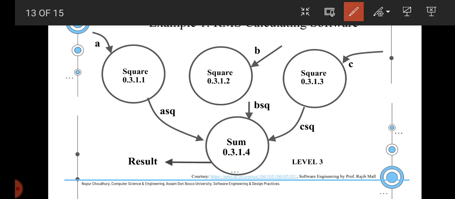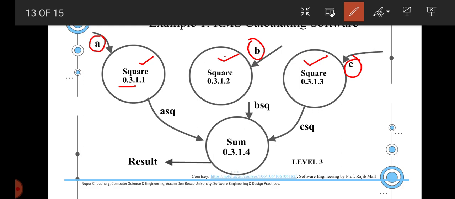the 0.3.1 into its subsequent steps, because again finding out the squared sum can also be broken down into different steps. So once the numbers a, b and c are validated, they are basically fed into 3 separate processes, which will be finding out the square of these numbers.